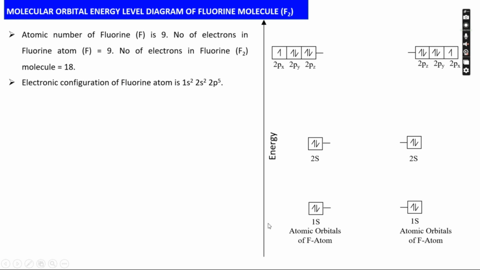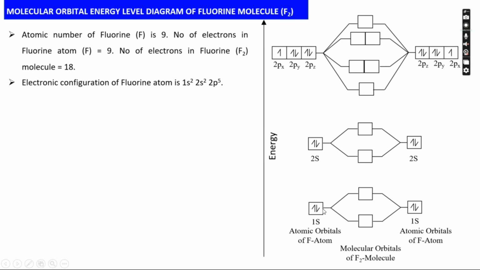The energy order is increasing from bottom to top. According to MOT, the atomic orbitals will overlap by fulfilling the 10 points. Therefore, here the resulting molecular orbitals are shown. A 1s atomic orbital can overlap with the 1s atomic orbital of another fluorine atom, leading to the formation of two molecular orbitals.